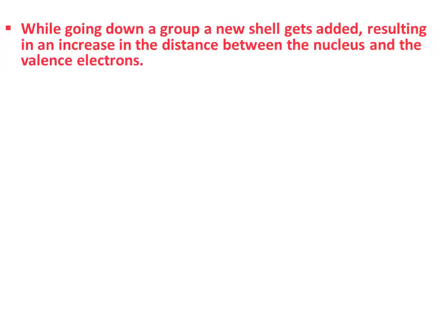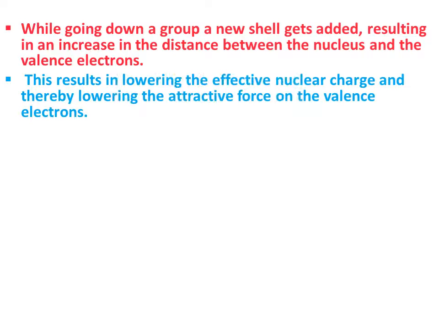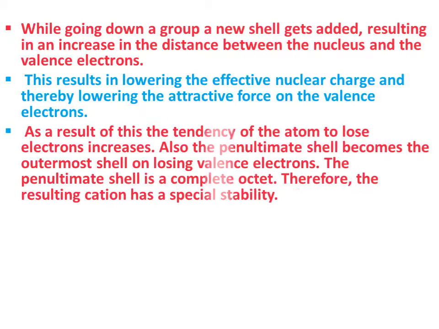While going down a group, a new shell gets added, resulting in an increase in the distance between the nucleus and the valence electron. This results in lowering the effective nuclear charge and thereby lowering the attractive force on the valence shell. As a result of this, the tendency of the atom to lose electrons increases. Also, the penultimate shell becomes the outermost shell on losing the valence electron.